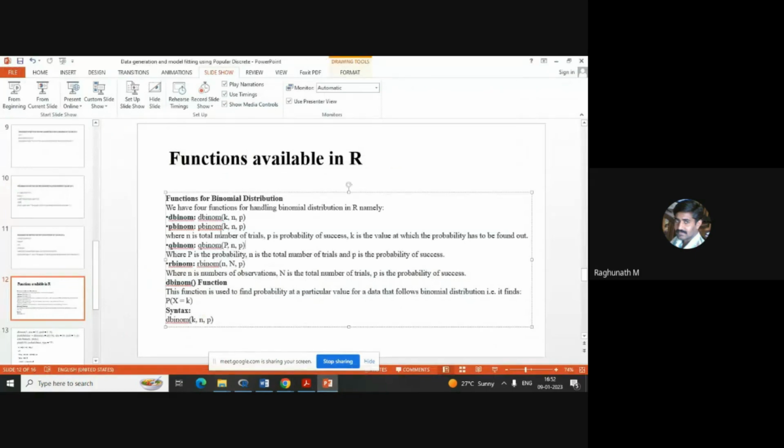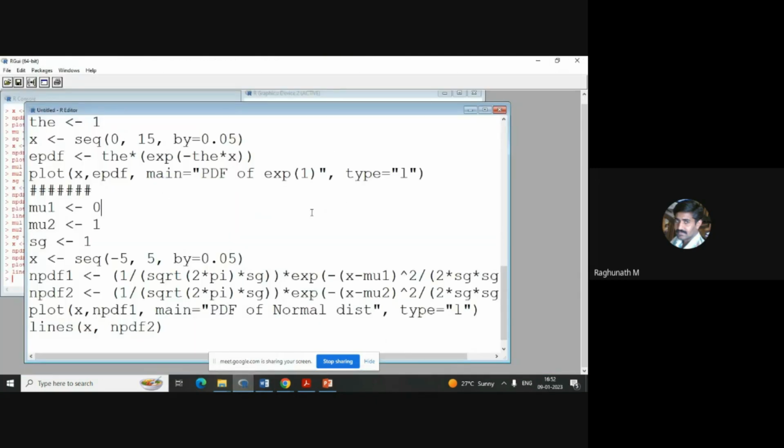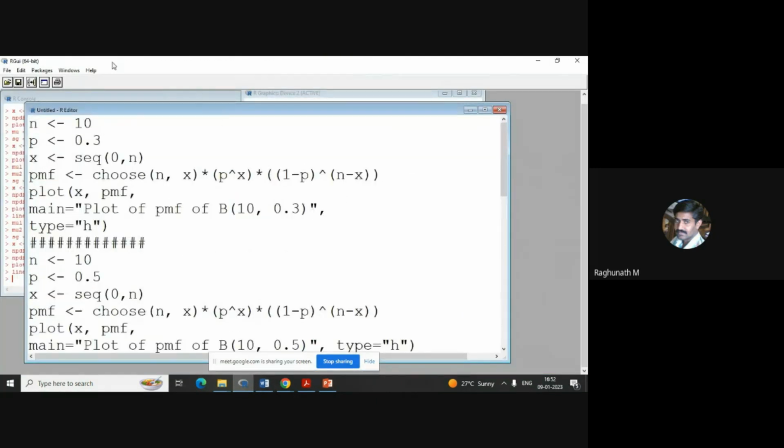Now coming to this one, these 4 things are available for all the distributions. There is a standard syntax for each of the distributions. One is dbinom. What dbinom will do is compute the probabilities. Whatever mass we have computed, that will be done with dbinom. Now I will quickly show you how that works.